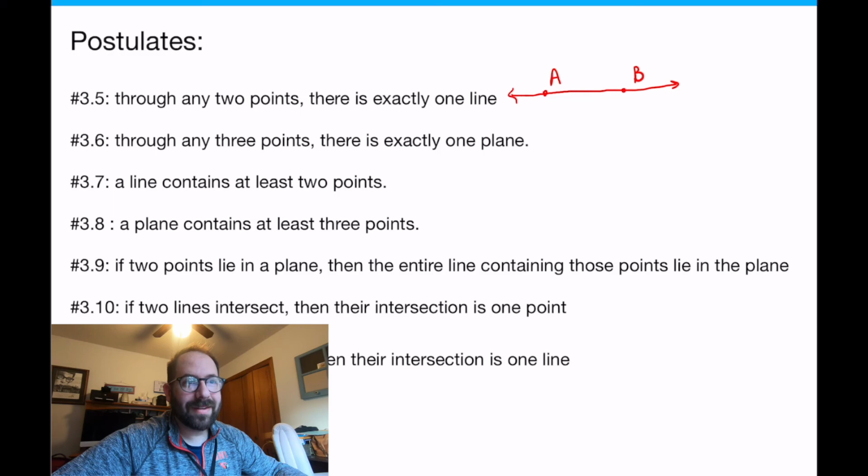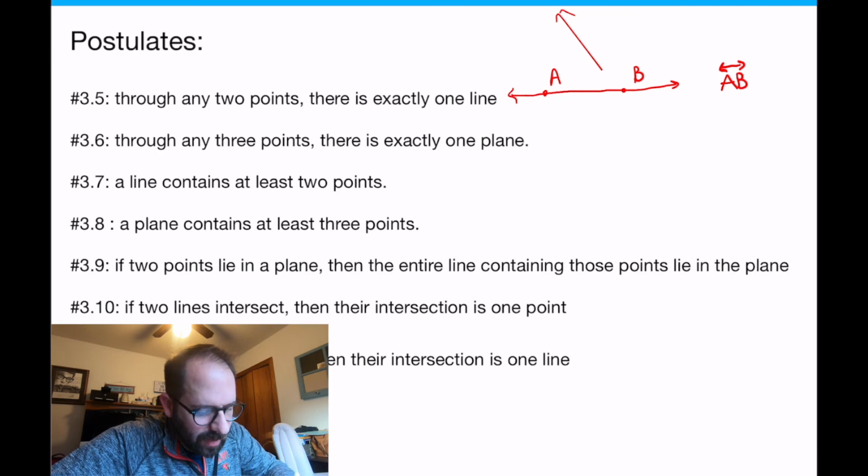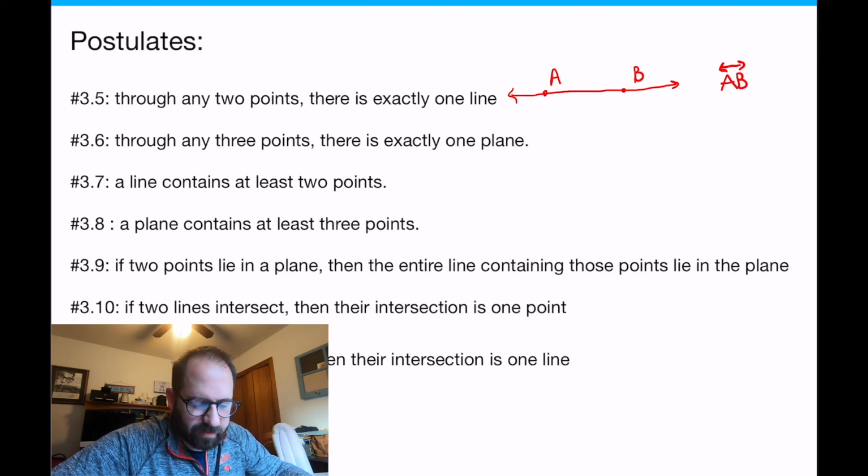You said AB with a line over top. Yeah, AB with the two arrows on top of it. Nice. So the idea is that you could draw that out and put the two arrows above. There's another notation you write, but that's only if you have a cursive letter, the italicized line M or L. I don't have that here, so I have to use the two-letter system and arrows.